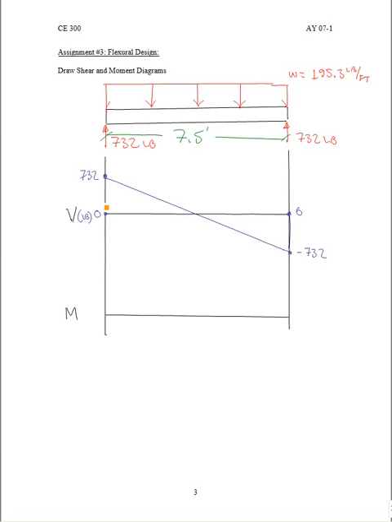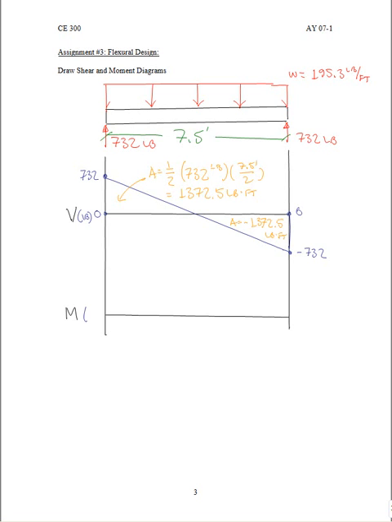In order to build our moment diagram, we need to find the area of each of these triangles, 1/2 of the base times the height, being 732 pounds, the base being half of 7.5 feet, which gives us an area of 1,372.5 pound-feet. The area in this piece is negative 1,372.5 pound-feet.